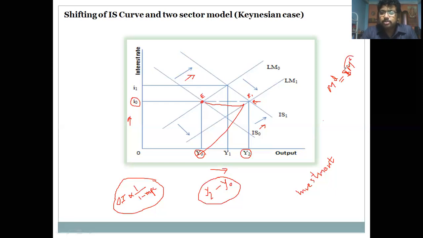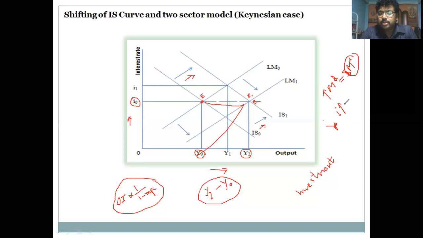If the money supply is constant and there is an increase in demand for money, there is a tendency to increase the rate of interest. To make it equal with the money supply, the rate of interest should increase.